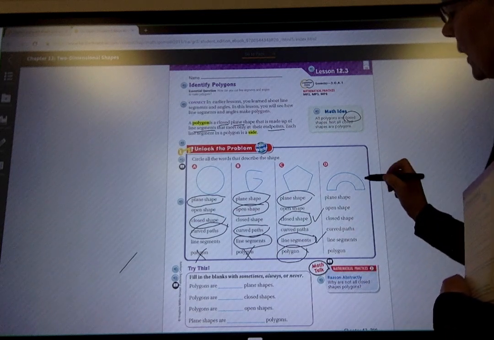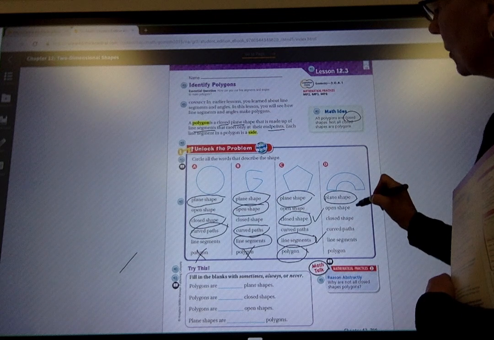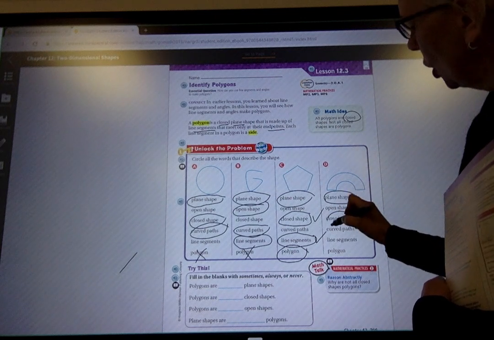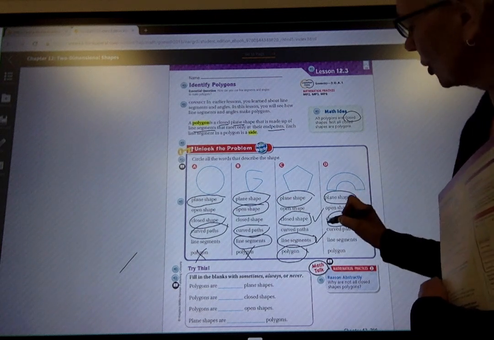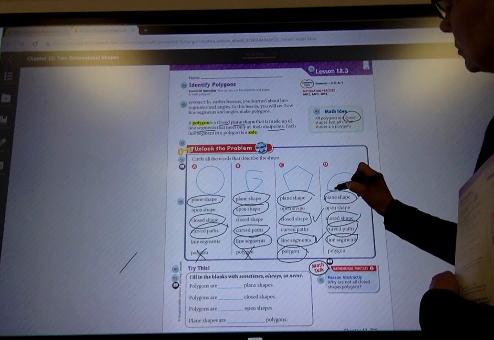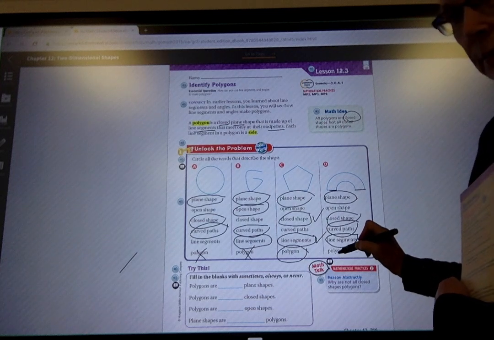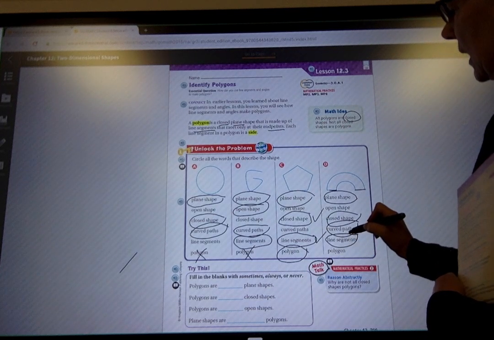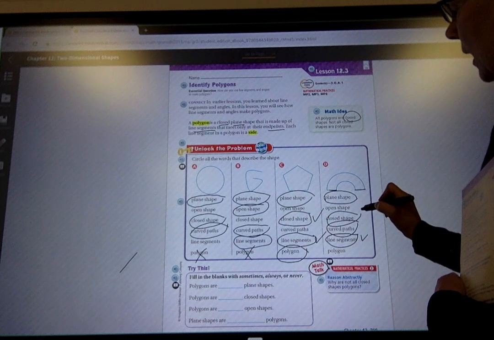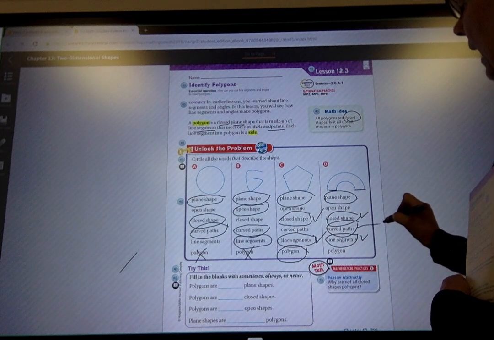Okay, look at this. Looks like a rainbow. Is it a plane shape? Yes. Is it open? No. Closed? Curved? Line segments? Yes, I see 2, one here and one here. But is it a polygon? It has line segments and it's closed, but it also has these curved paths.